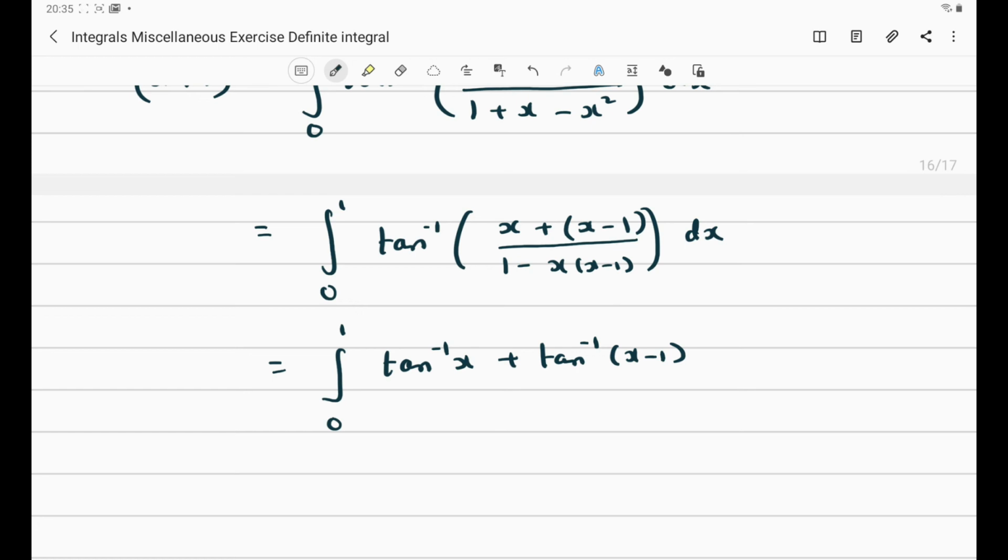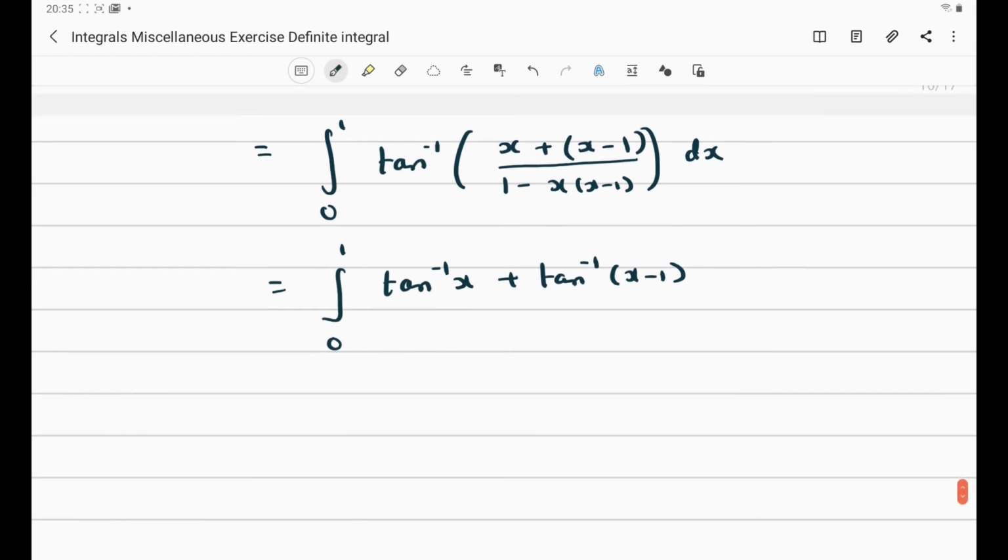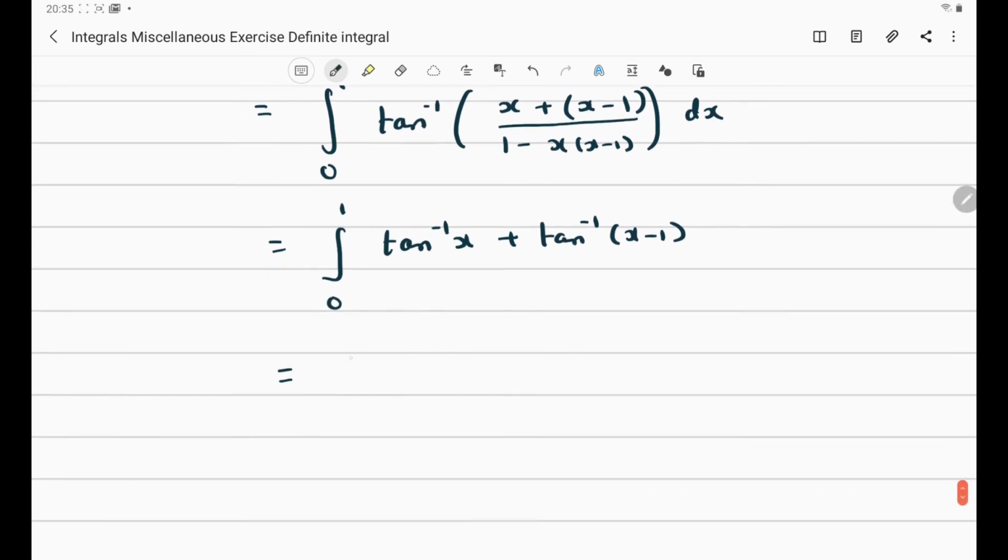So, we can write this as integral 0 to 1 tan inverse x dx plus integral 0 to 1 tan inverse of x minus 1 dx.